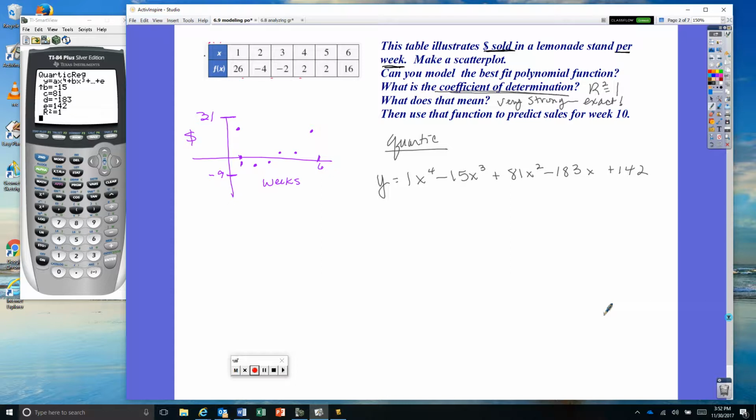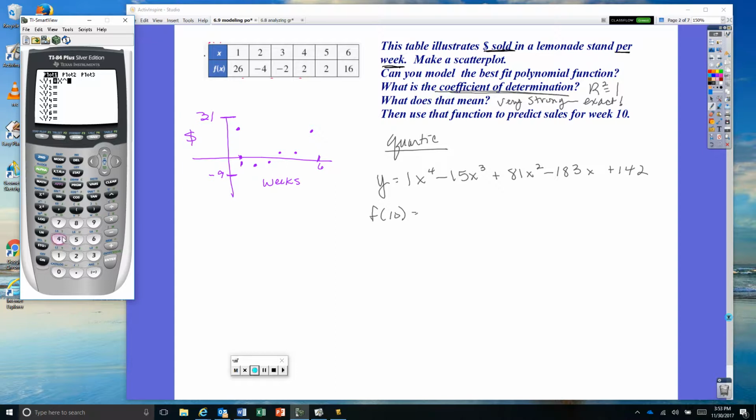Now it says use your function to predict sales for 10 weeks. So f of 10. So I need to put this equation into my calculator. So I'm going to press y equals. I'm going to type that equation.